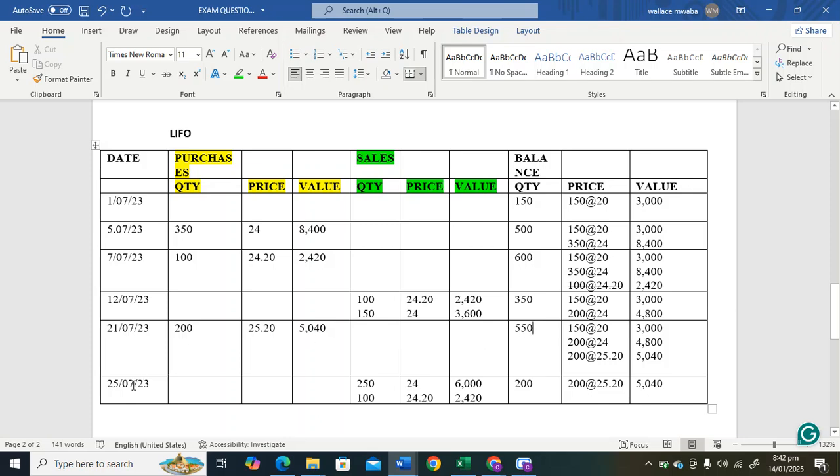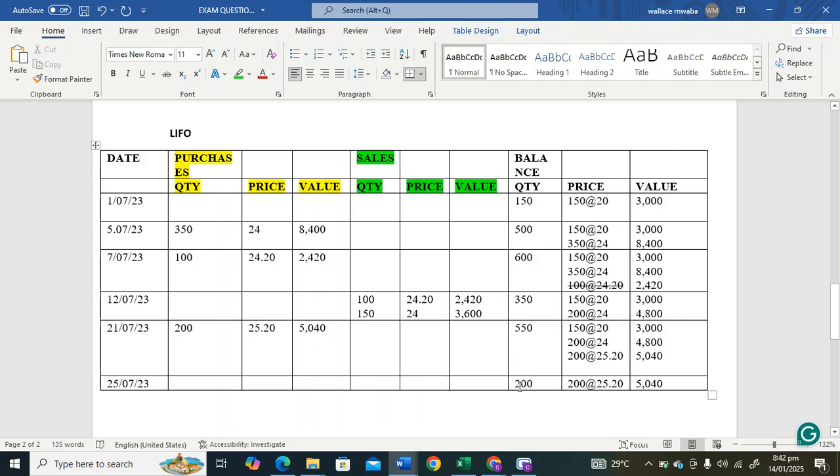Then on the 25th, we sold 350 goods. All right, so the first to go are these 200 at 25 kwacha 20. So here you're going to say 200 at 25 kwacha 20. 200 times 25 kwacha 20, that is 5,040.